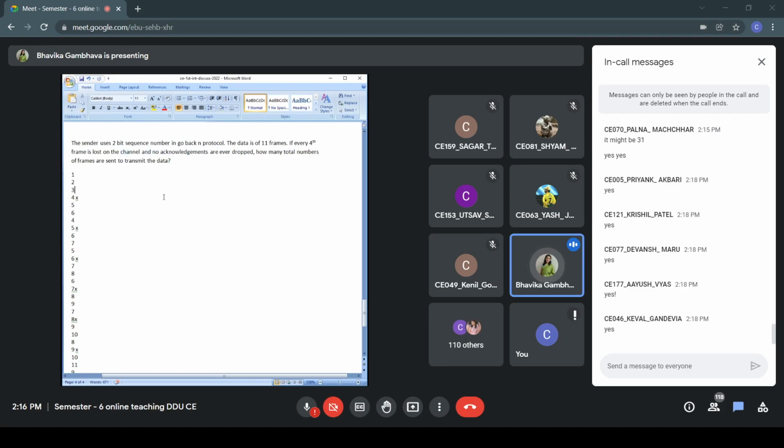Rather than dropping frames just from the forward link, if we drop, let us say, every 4th frame or acknowledgement, then will the total number of frames be 31 or lesser or more? I don't want you to calculate it and invest time, but intuitively you should be able to figure that out. Priyank says more.